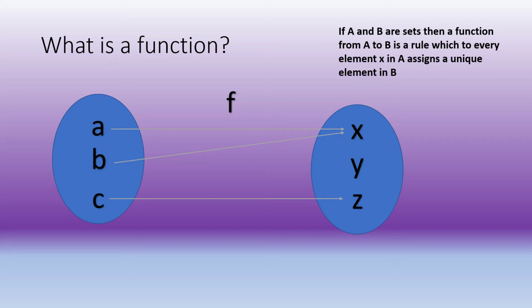However, this is still a function because a links up with a unique element. So small a in our set capital A links up with a unique element in set capital B, that being x. Same for b and same for c. So we have a unique element assigned for each of our elements in our initial set to our output set. So this is still a function.